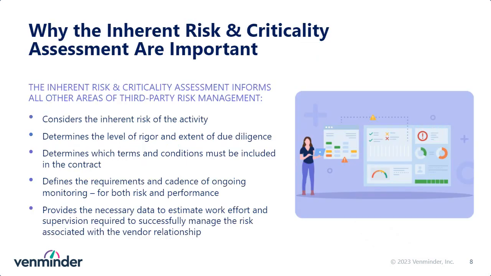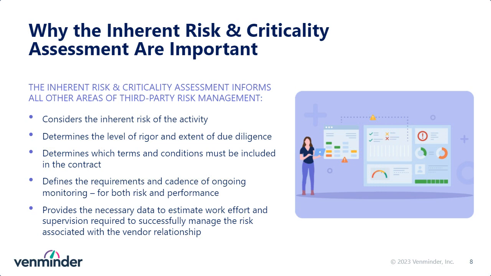Now, we usually think about risk and criticality during the inherent risk assessment. These two data points, both your risk rating and whether or not that vendor is critical, are going to drive everything that we do with that vendor moving forward. They're going to determine the level and rigor of due diligence.